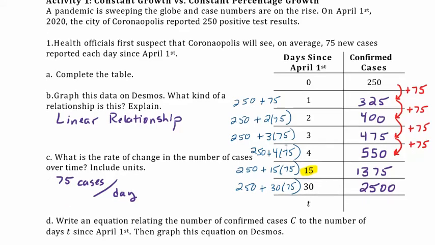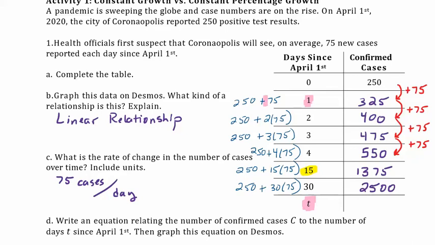Part D asks us to write an equation relating the number of confirmed cases C to the number of days T since April 1st. So that's really what we're doing down here in this last piece of the table. Okay, so let's notice our pattern here. When we had one day, we were multiplying the 75 by 1.